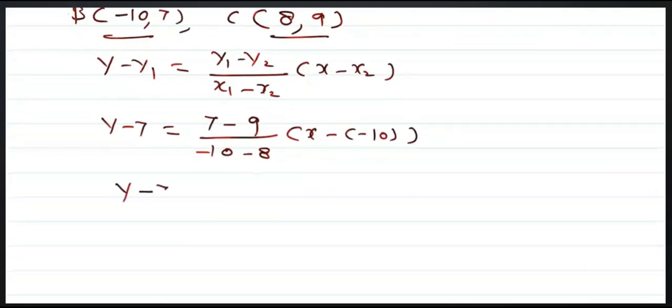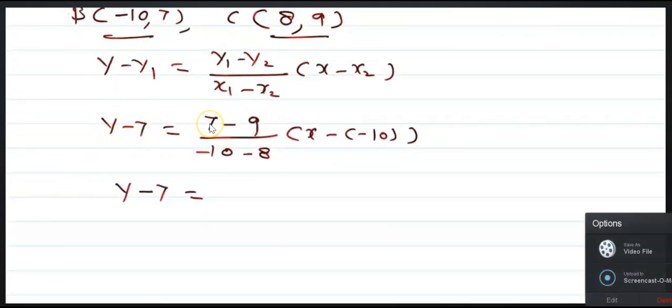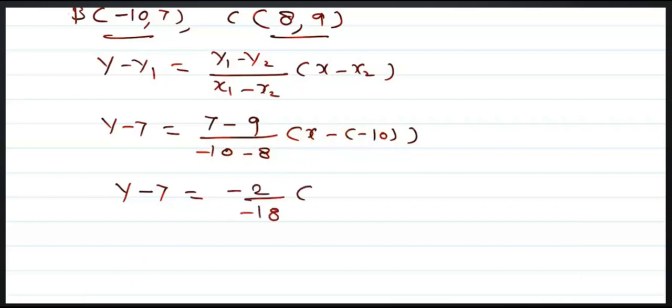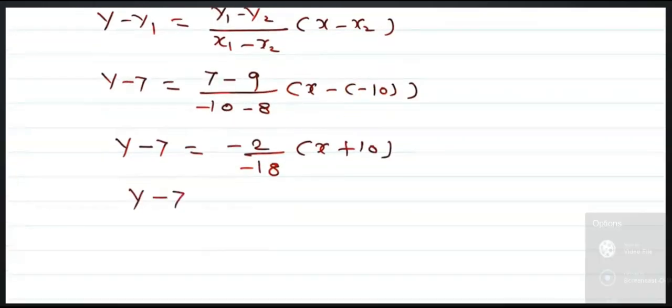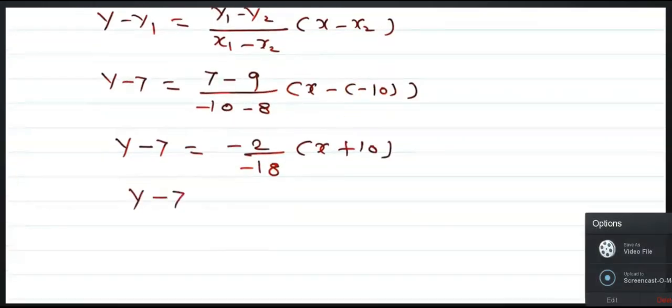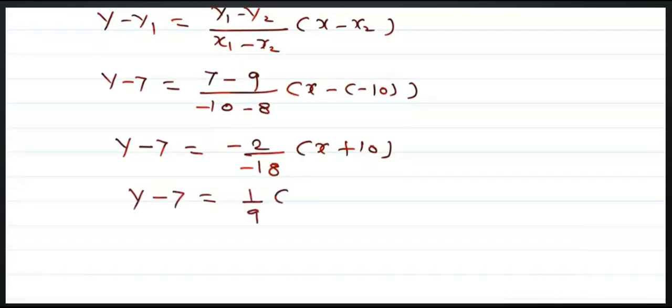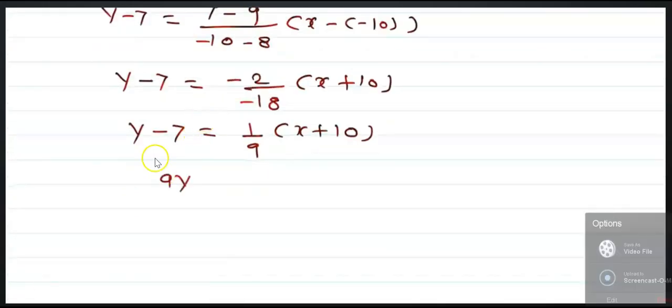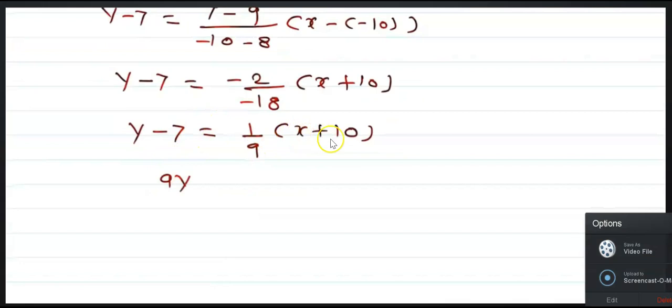And therefore y minus 7 is equal to 7 minus 9 upon minus 10 minus 8 in bracket x minus in bracket minus 10, and therefore y minus 7 is equal to minus 2 upon minus 18 in bracket x plus 10. Therefore y minus 7 is equal to 1 upon 9 in bracket x plus 10.